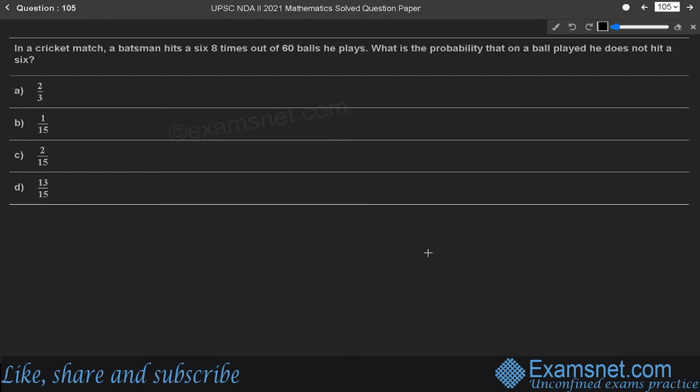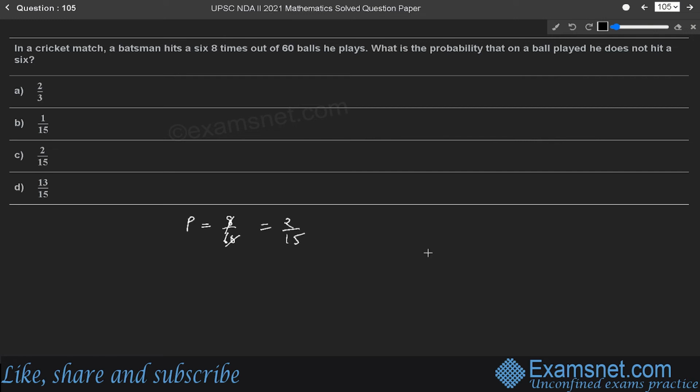Next question is, in a cricket match, a batsman hits a 6 eight times out of 60 balls he plays. What is the probability that on a ball played he does not hit a 6? It is a very simple question. You can see that the probability is given for a batsman to hit a 6. So probability that he will hit a 6 is 8 by 60, which is 2 by 15.